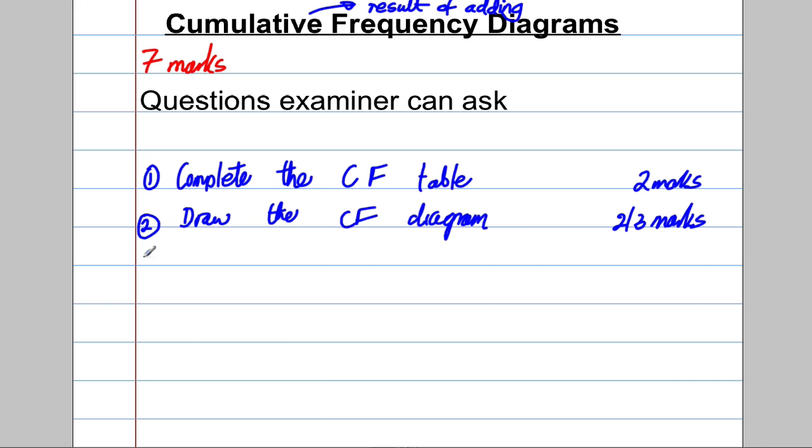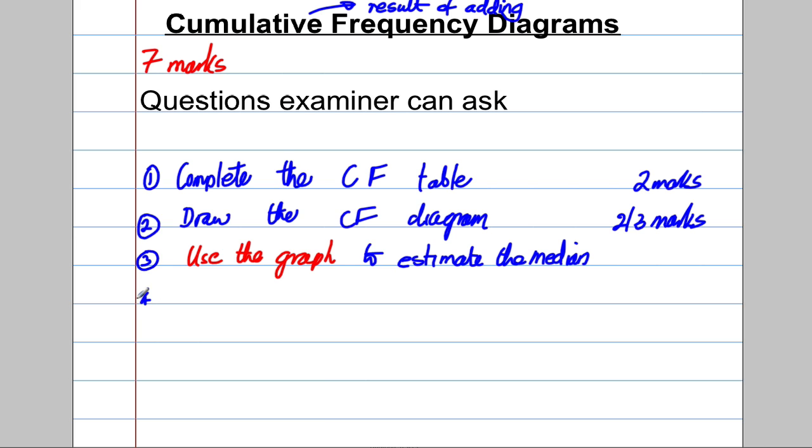The next thing they can do is ask you to use the graph you've just drawn to estimate the median.